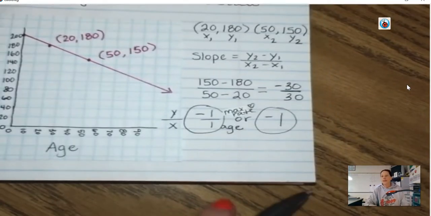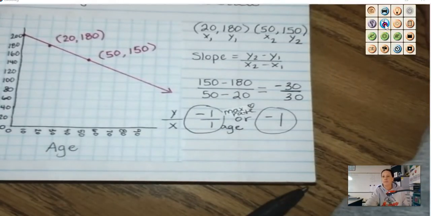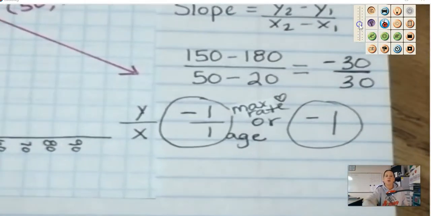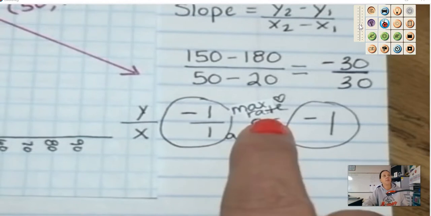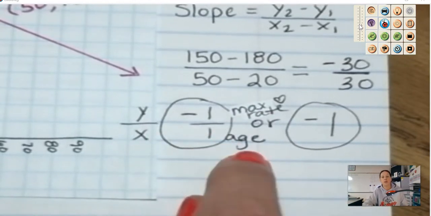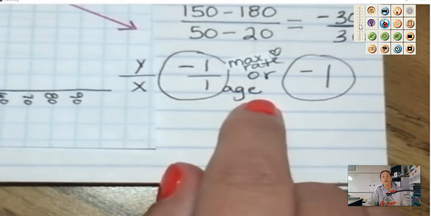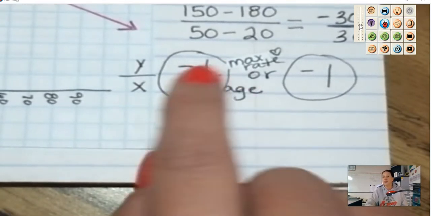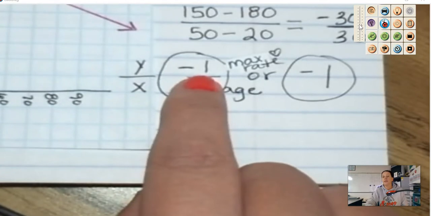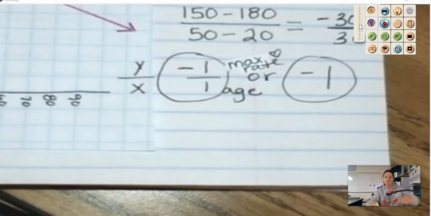So I need to write this as a sentence. Negative 1 has to go with the max heart rate, 1 goes with age. So your sentence would be something like, every year you age, your maximum heart rate goes down by 1 beat per minute.